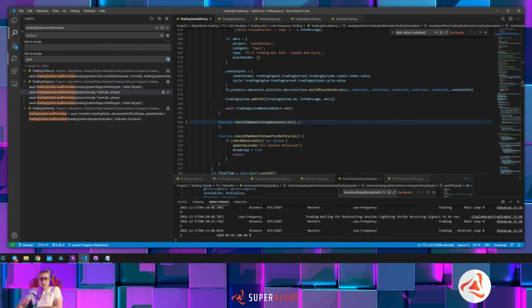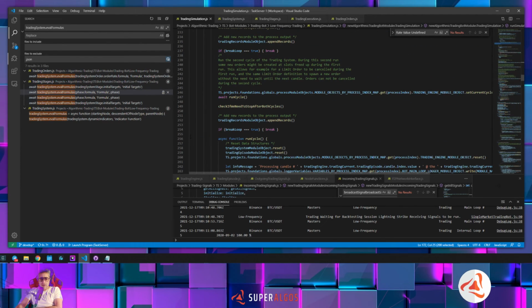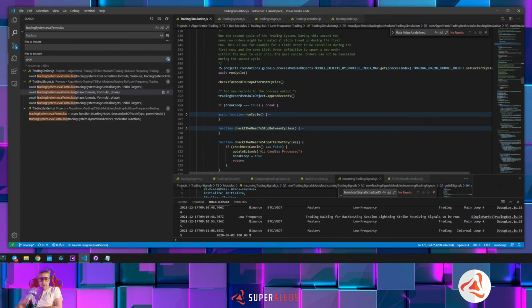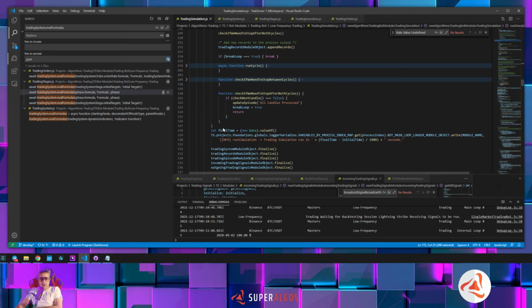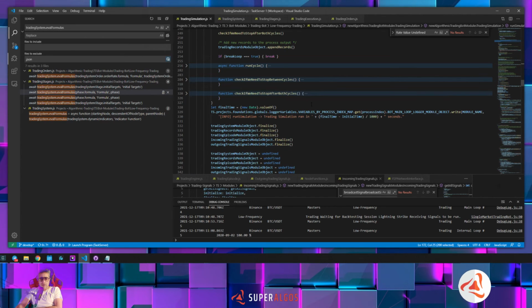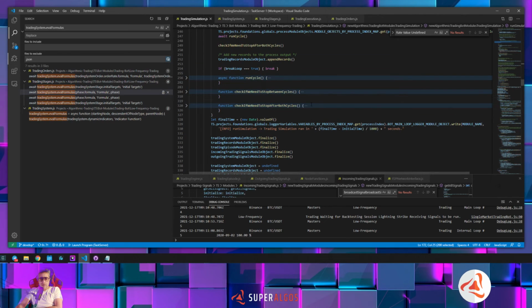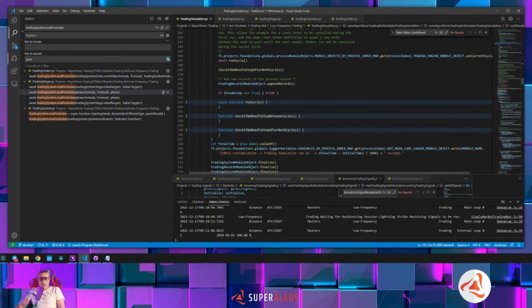Let's collapse this and collapse this. So here is where the loops end. There's a check here. Check if we need to stop after both cycles.